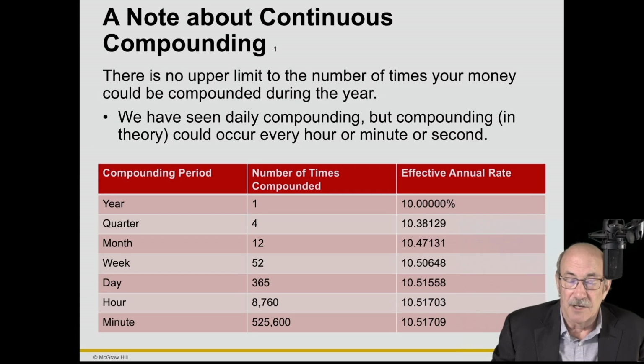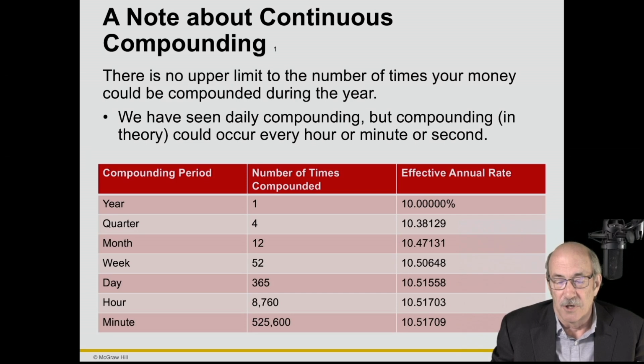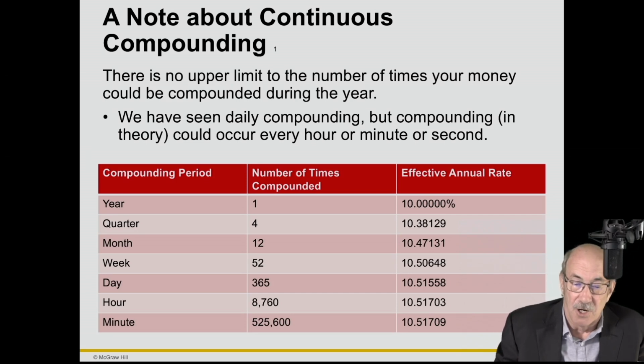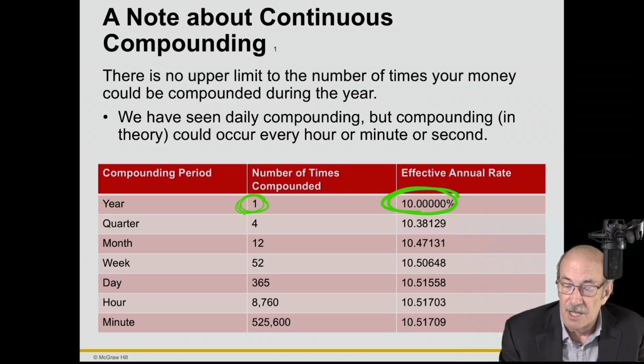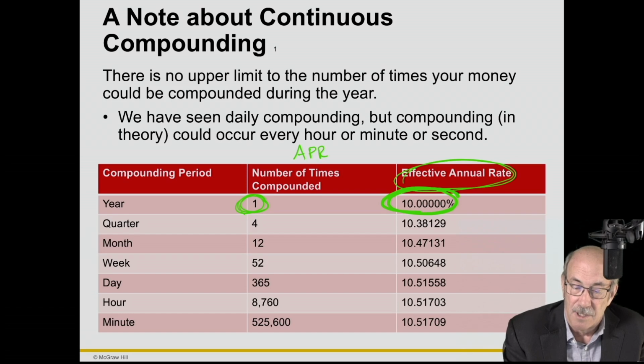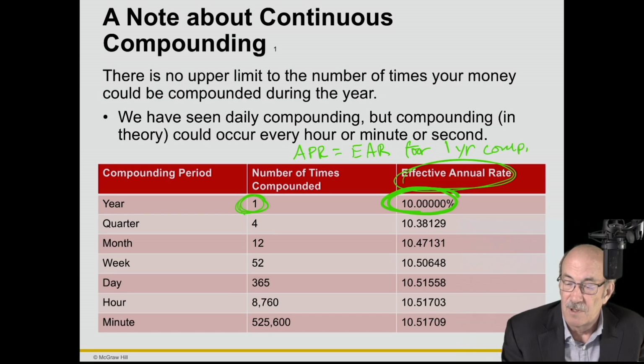If we look at compounding and the effect of compounding on a particular APR, if we were to start with an APR of 10%, remember, with 1 year compounding, annual compounding, APR and EAR are identical. APR equals EAR for 1 year compounding periods.